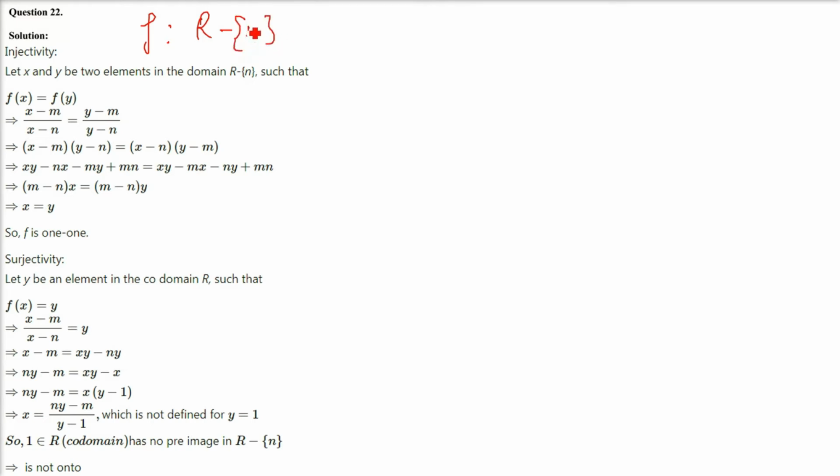You'll see why n is not there when I write the function. f(x) is (x minus m) by (x minus n), where m is not equal to n. If you put x as n, it will be something by 0, and we cannot have it. That will be undefined. That is why the domain is all the real numbers except n.